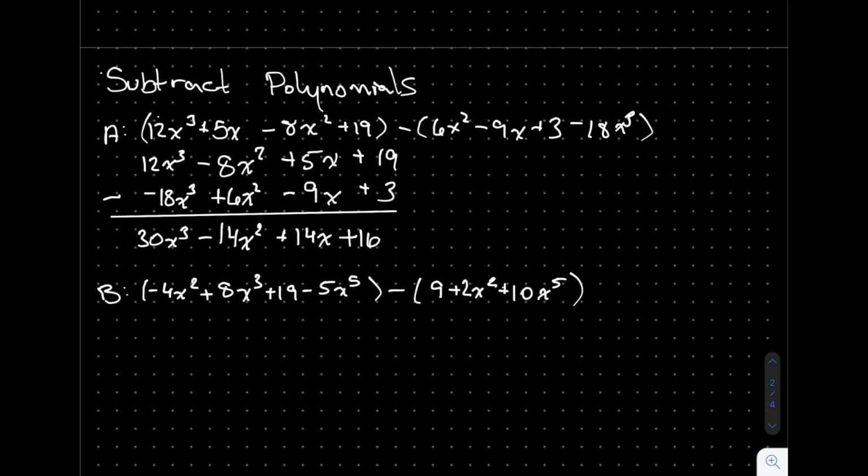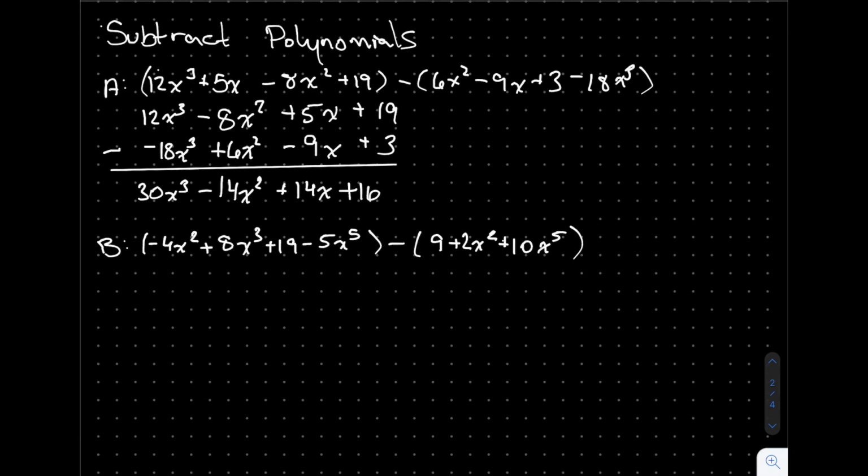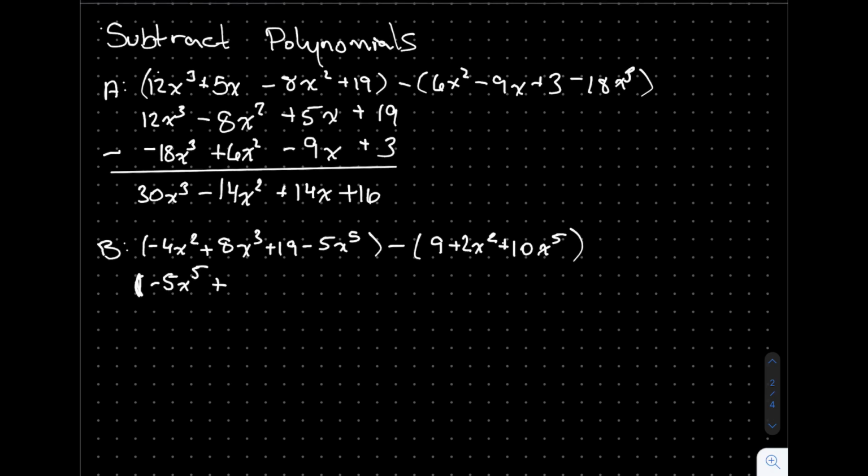All right, so first I'm going to rewrite each polynomial in standard form, and then I'm going to be careful to distribute that negative. So my first polynomial in standard form is negative 5x to the fifth plus 8x cubed minus 4x squared plus 19. Now, I'm going to take that negative, and I need to distribute it to each of the terms.